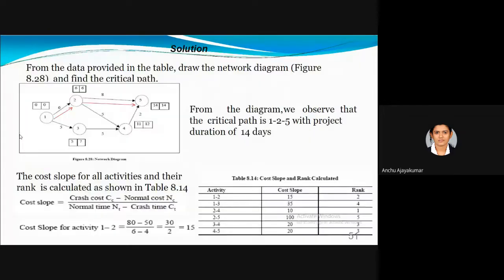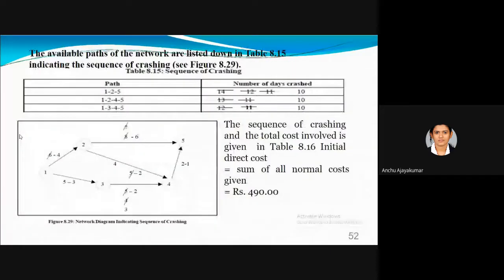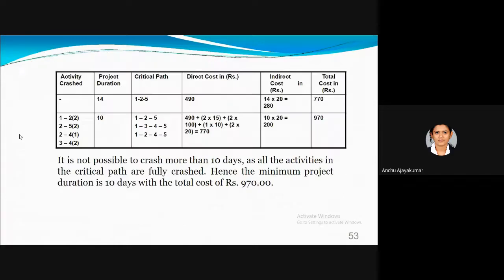We are also given the crashing time for each of the activities. So we crash each activity step by step and update the network. We crash until all the paths become critical. And then the normal cost plus the sum of the crashing amounts will give you the total cost.